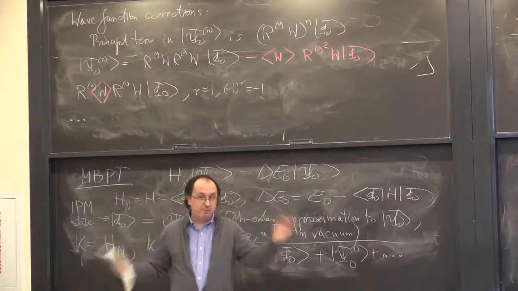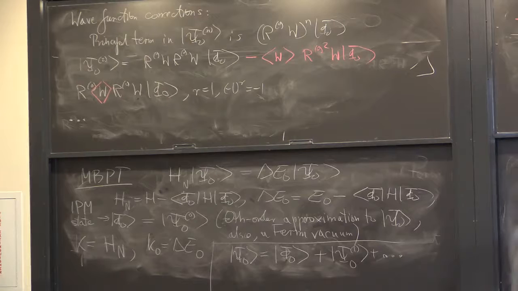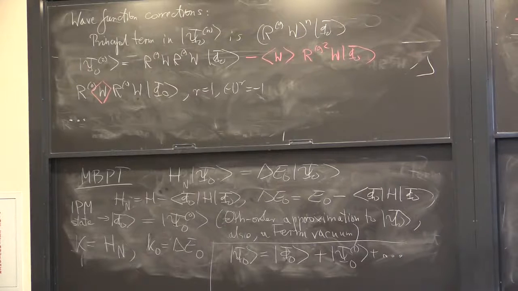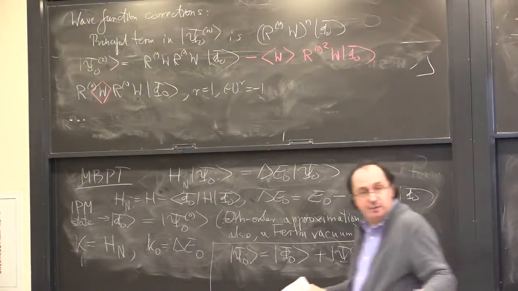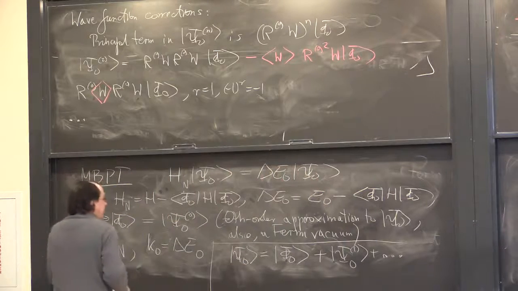So the whole role of MBPT is to learn how can I learn about various particle hole excitations out of the independent particle model state phi 0, the single determinant that I choose as a reference, using perturbation theory as a sort of mathematical means to do this.